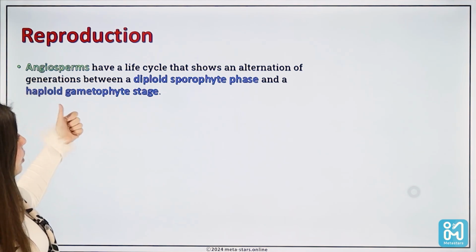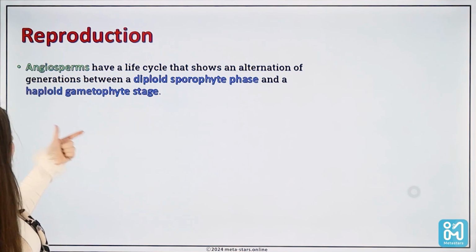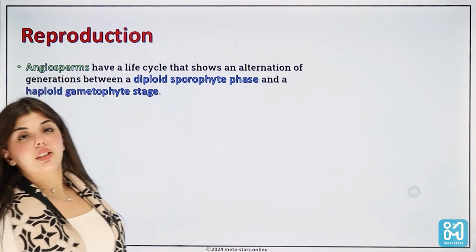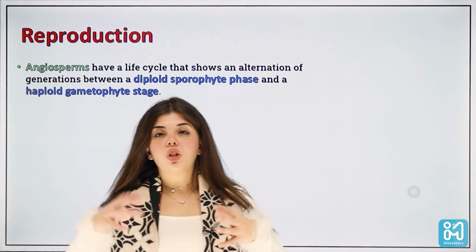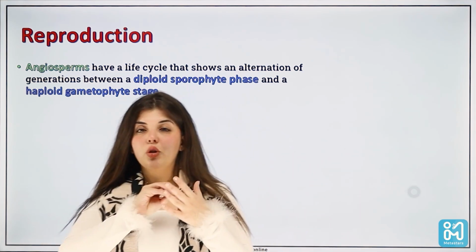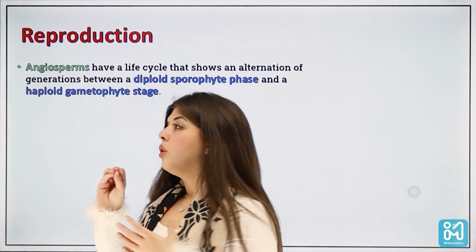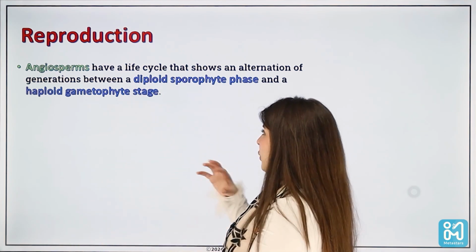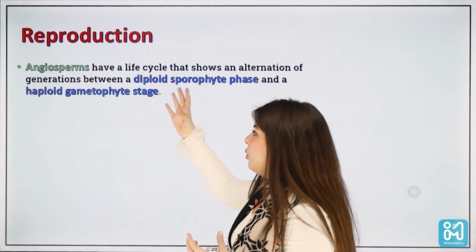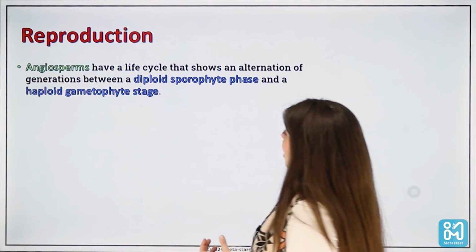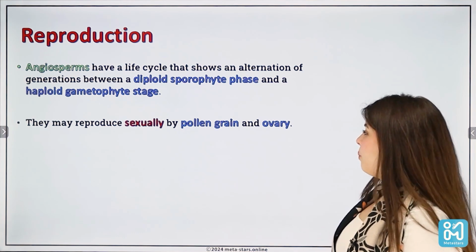Angiosperms have a diploid sporophyte phase and a haploid gametophyte stage. In alternation of generations, when reproduction starts, there is a switching between diploid, which is the full chromosome number, and haploid, which is half of the chromosome number.